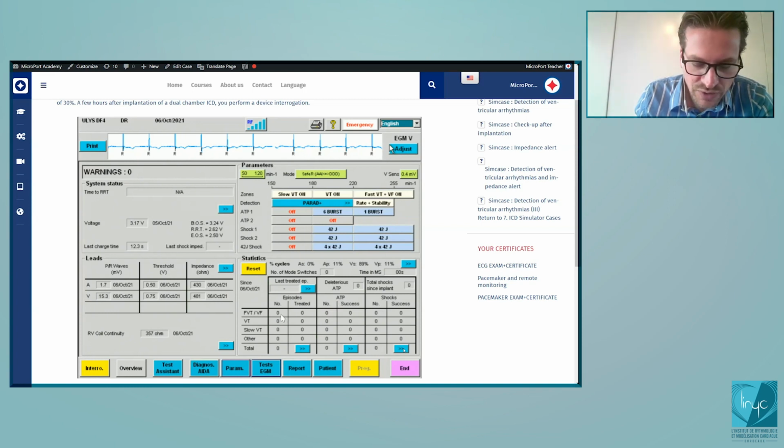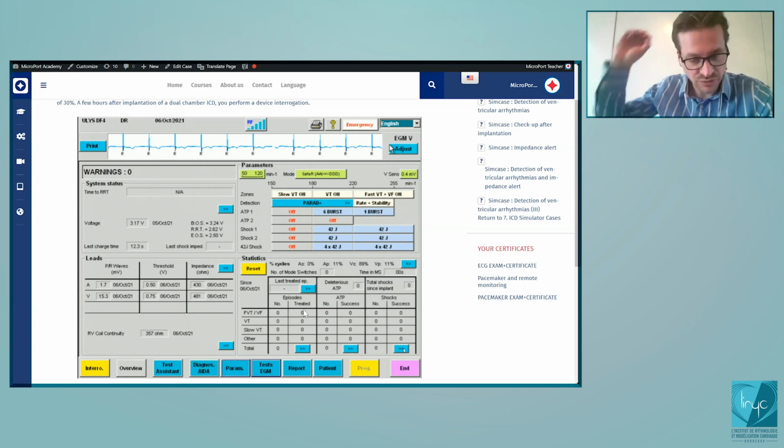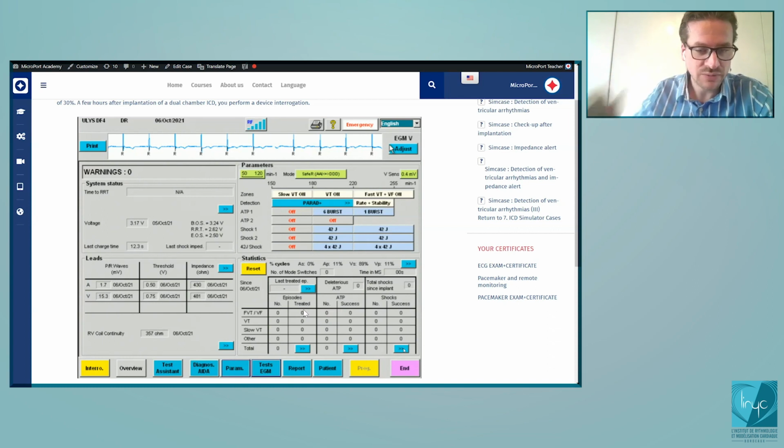We see for every episode whether there has been treatment or not. I can already tell you that if you have VF episodes which are not treated, that's of course really a red flag. You need to check what's going on there, because sometimes it's noise.